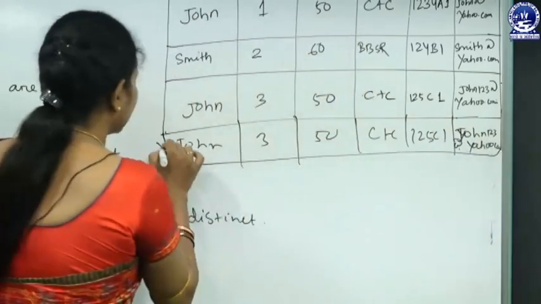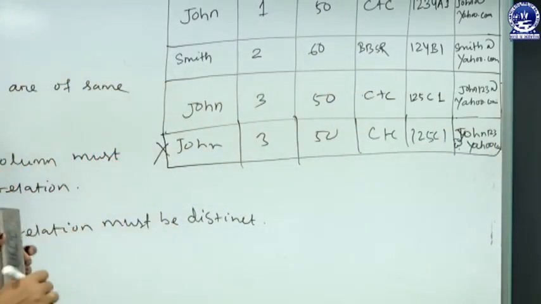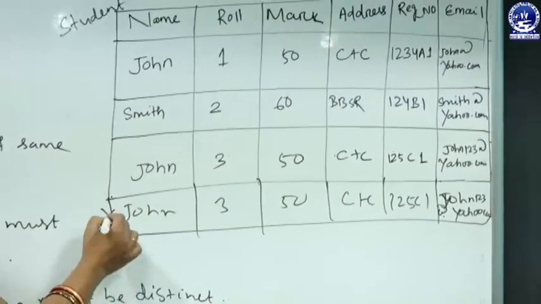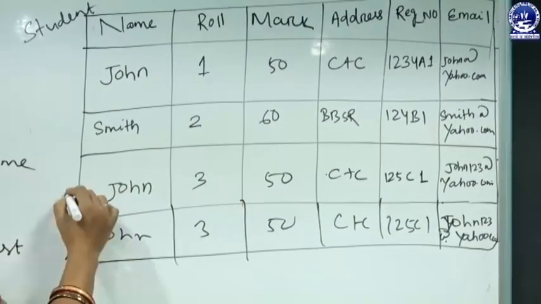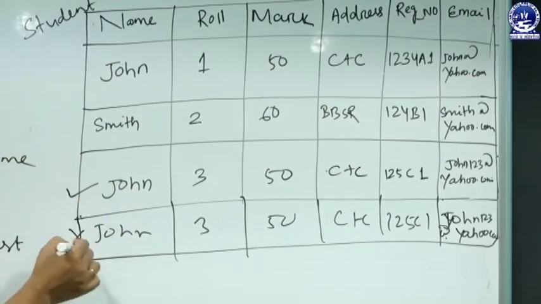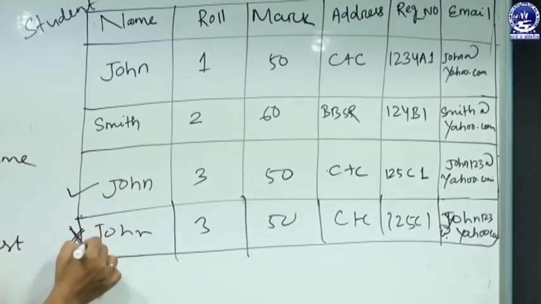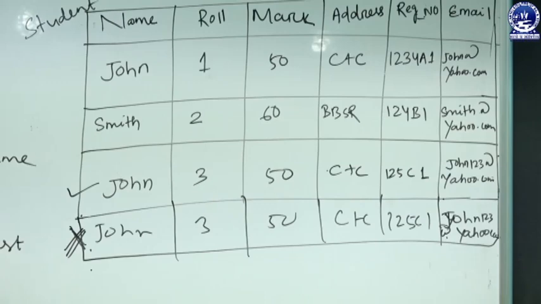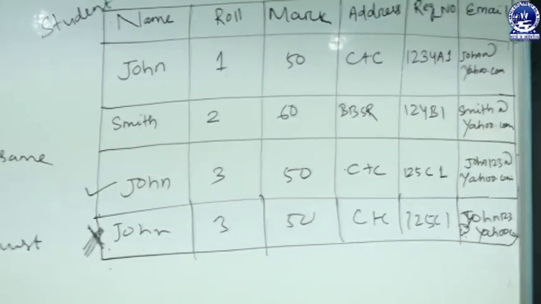It cannot be added to the relation student because all tuples in a relation must be distinct. As we already have a tuple with the same values, we can't add this tuple to our relation, according to property number 4.